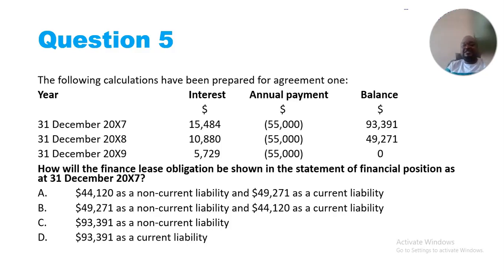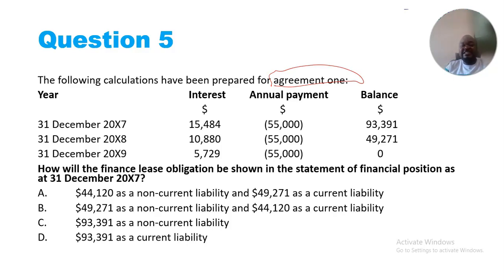The following calculations have been prepared for agreement 1. So we are still at agreement 1. That's the horizontal presentation of the table we have been talking about all along.